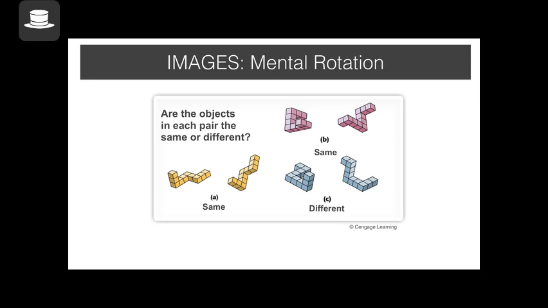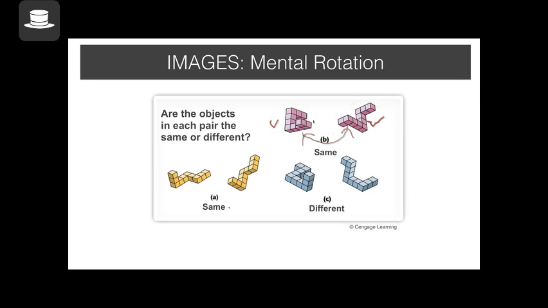What researchers did in one of these experiments is they presented participants with pairs of images like this, and the task was to decide if these two objects of a given pair are the same or different. Now, for these are different, these are same, and for the objects that are the same, what they manipulated was the angle of rotation between the original object, the first object, and the second object, whether it was small or it was more.